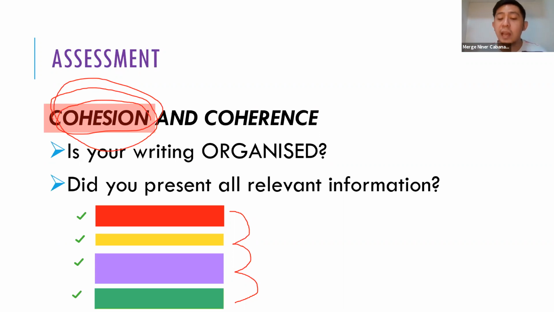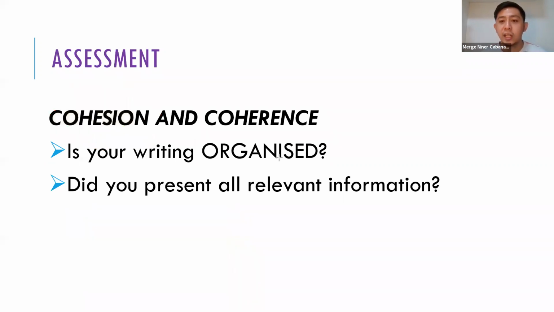Well, you use a variety of connecting devices. That's it. All right. So that is how coherence and cohesion are assessed by the examiner. Organization, the relevance of the information, and the connectivity between those ideas, whether they are interlocked. Okay, so you have to use different connectors.